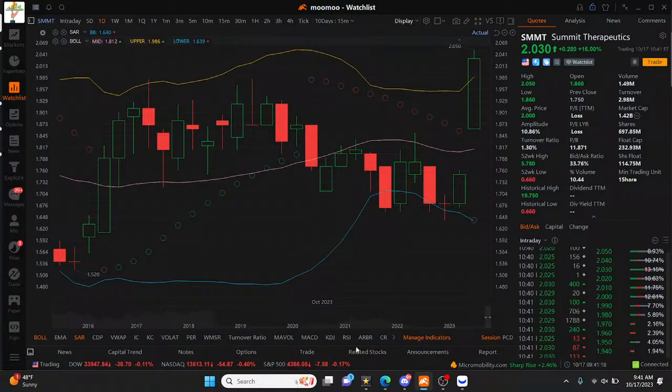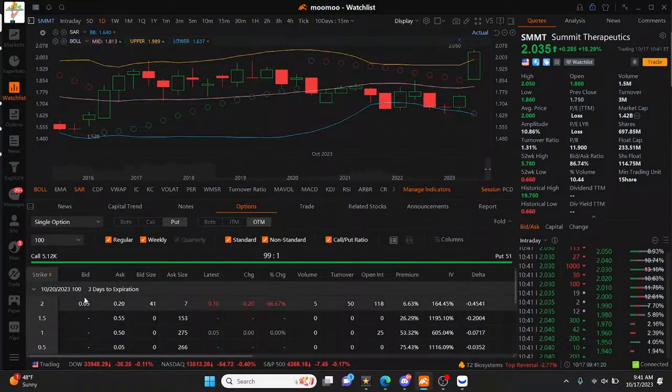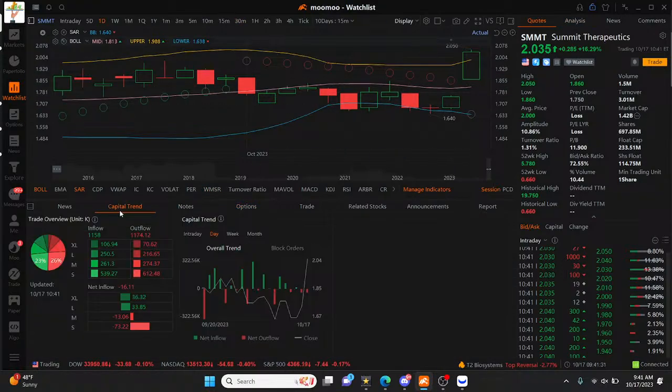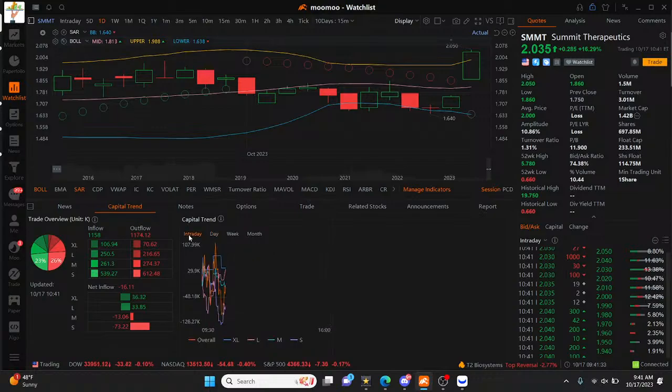What do we want to do here, man? We picked that 205 SMMT volume 105 before we even consider. What time did we see that shift in outflow? Because we did see a jump up with inflow coming in.